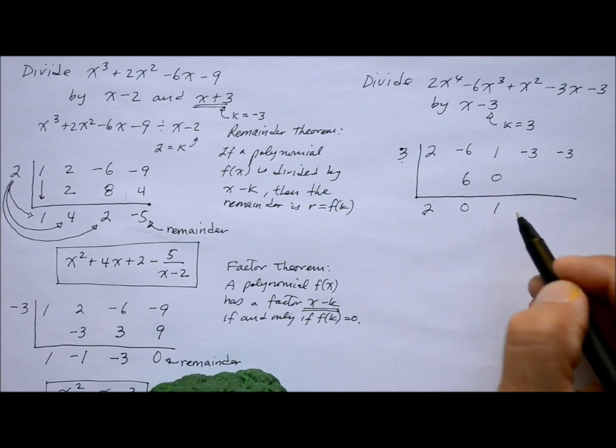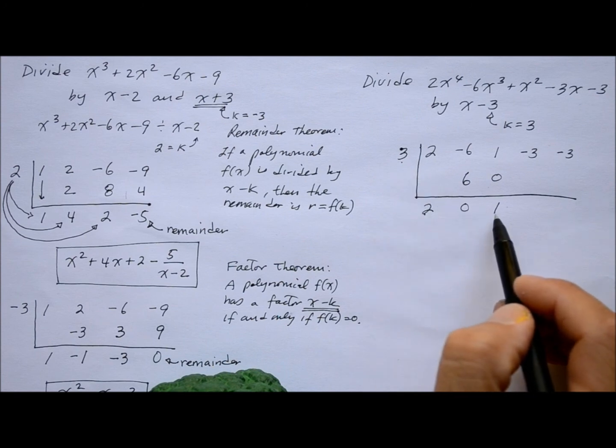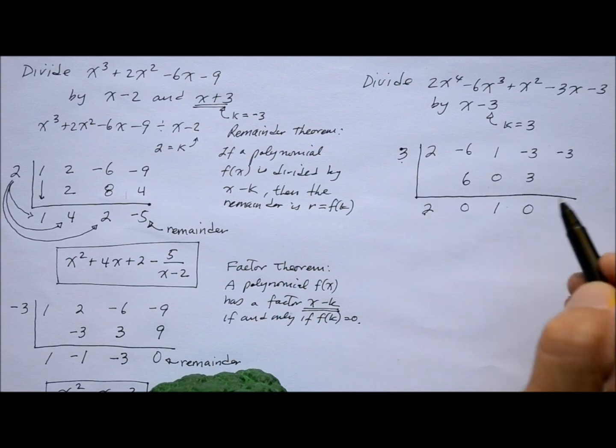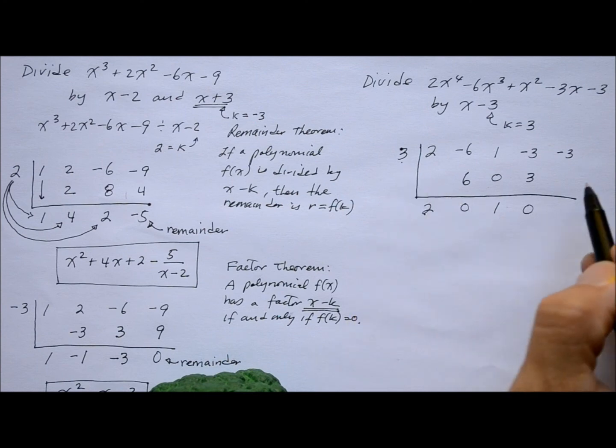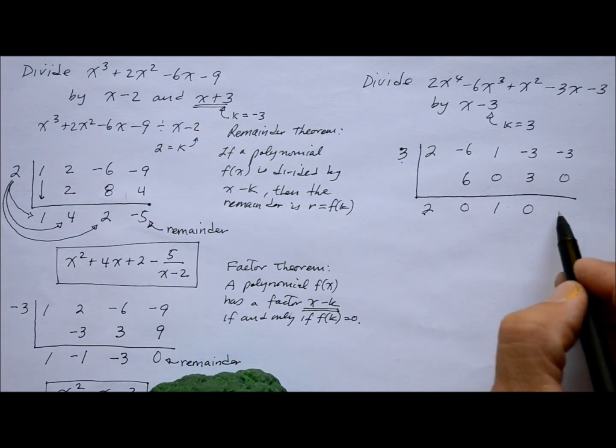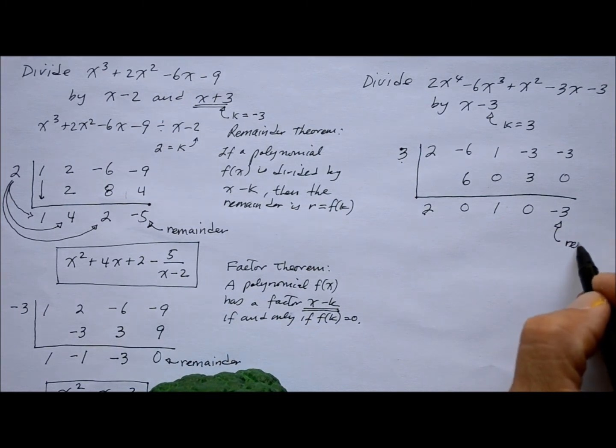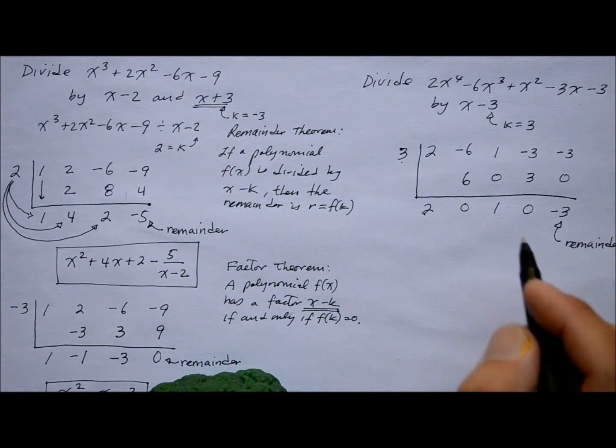Combine that, we get a 1. 3 times 1 is 3. We get a 0. And 3 times 0 is 0. Negative 3. Uh-oh. So we have a remainder of negative 3.